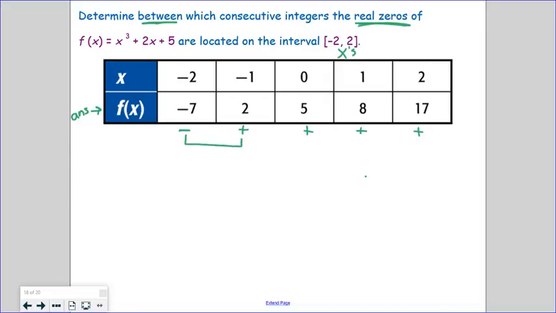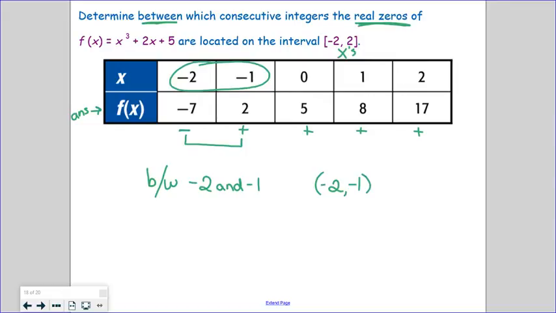And my answer would be, and guys, I don't care how you format this, that my graph is going to hit the x-axis somewhere between these x's, so somewhere between -2 and -1. You may write it like that, or you may write it in interval notation, that we will have a 0 somewhere on the interval from -2 to -1.